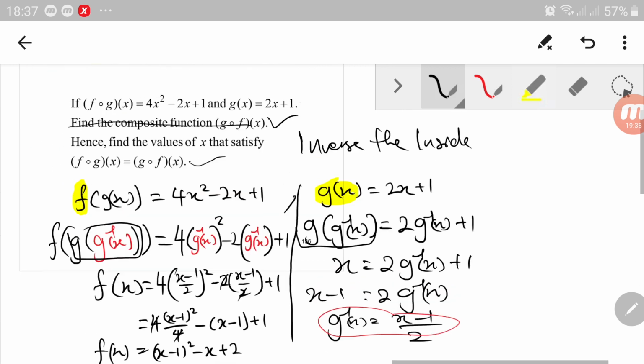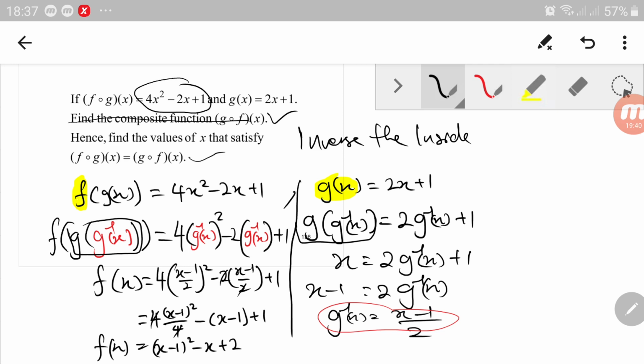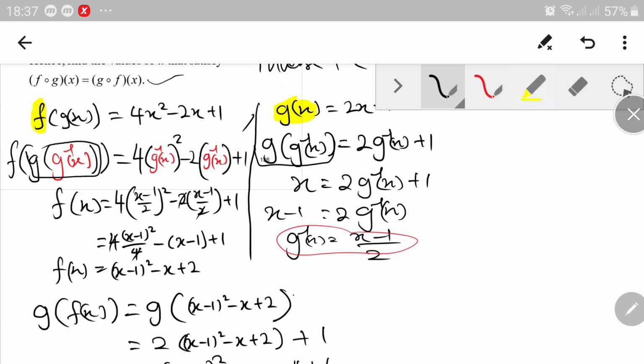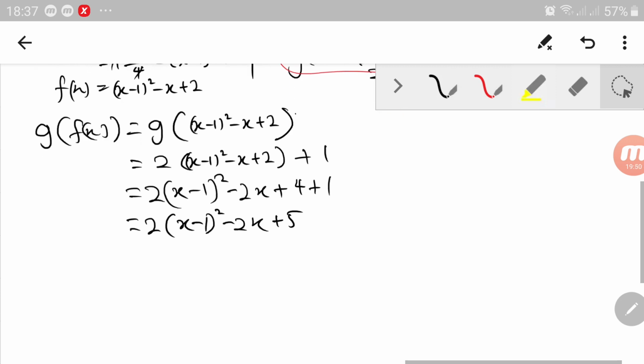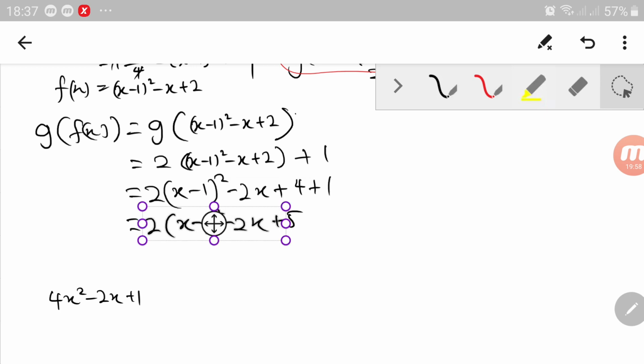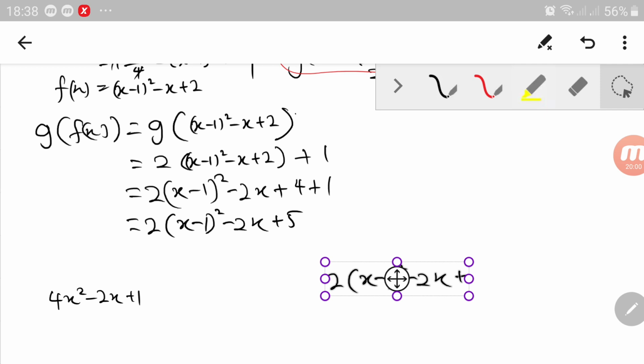Now, we have f composite g here, right? This one. Copy. So, paste. Because they gave the condition already. Copy. Paste.